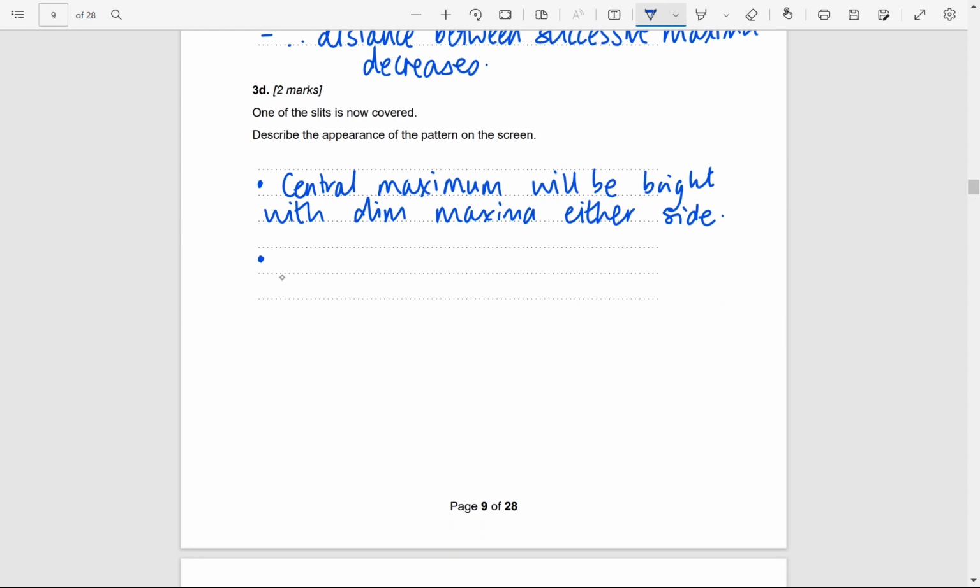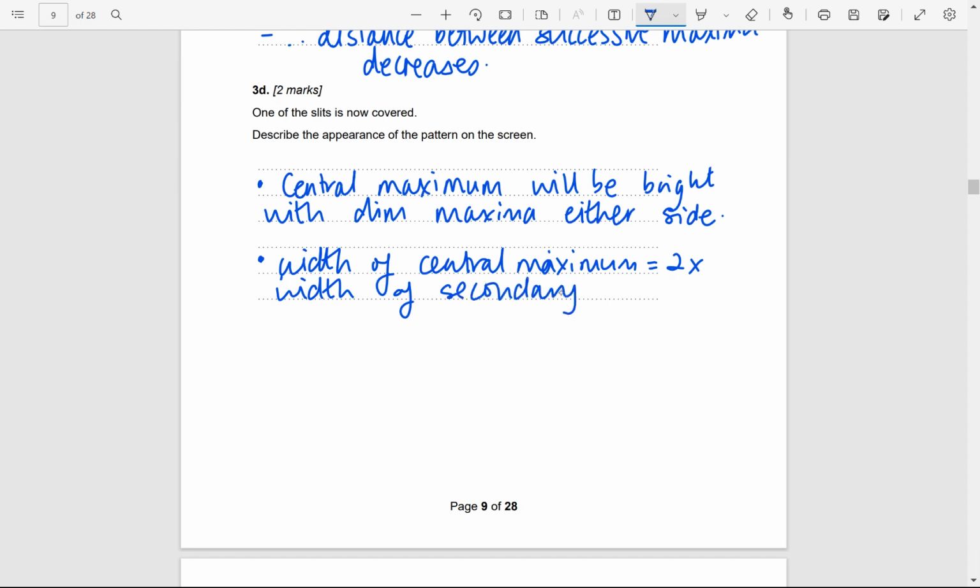The other thing to note is that the width of the central maximum is twice that of the secondary maximum. Width of central maximum equals 2 times the width of the secondary maxima. And it comes from that graph.